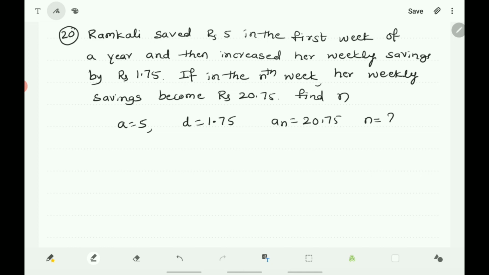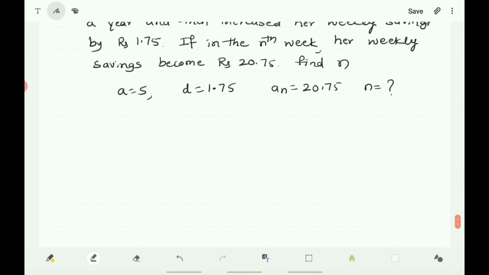Next, what we have to find out? Nth week means N is equal to question mark.